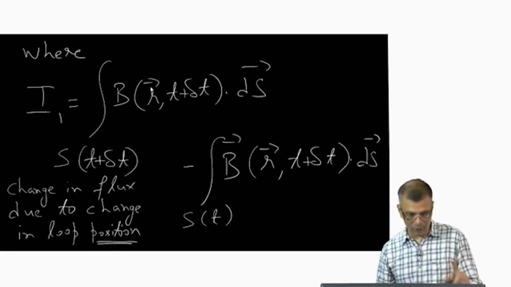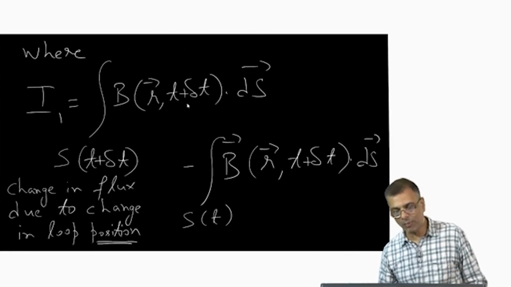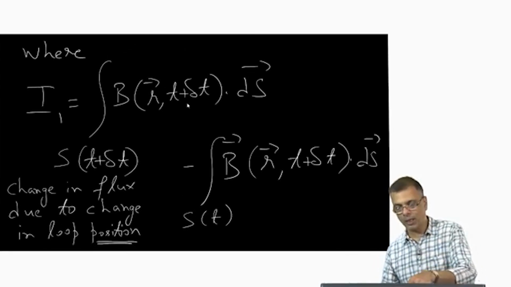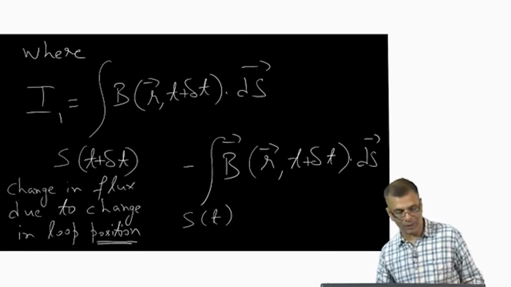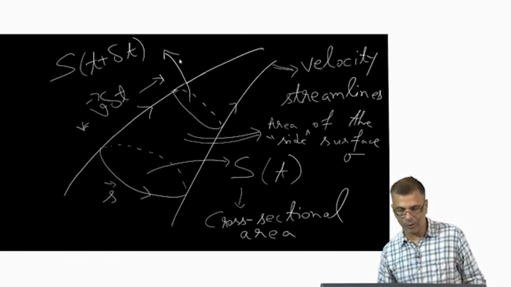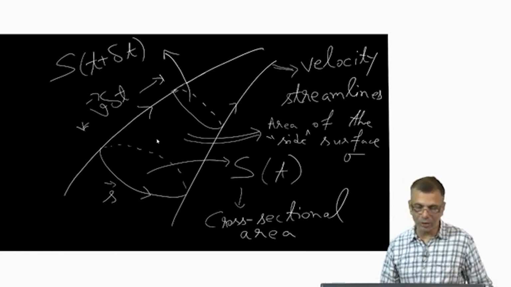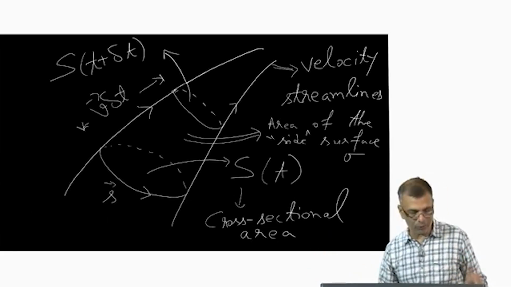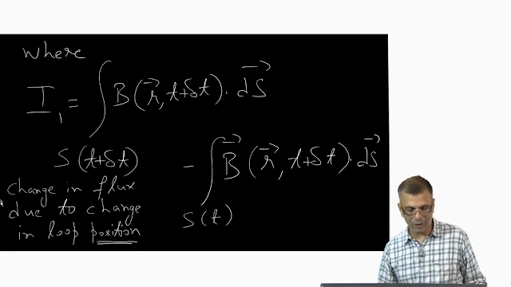In this particular case I am saying that the magnetic field is the same as what it is at t plus delta t. So, I am taking the same magnetic field here, which is the B at t plus delta t, and using it here also. This is not entirely physical, but we will see why I am writing it down like this. It is a change in loop position.